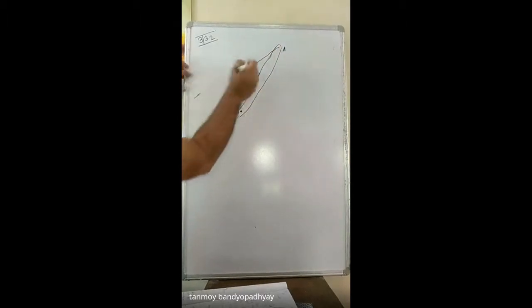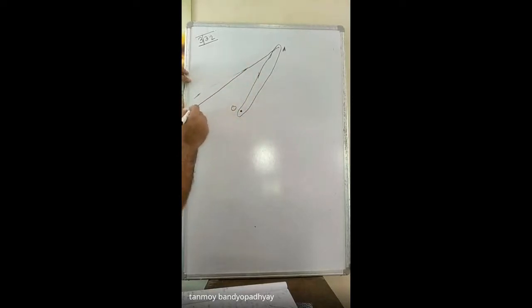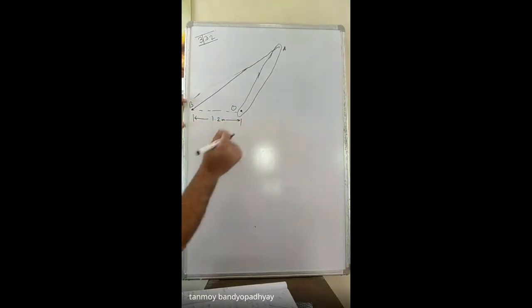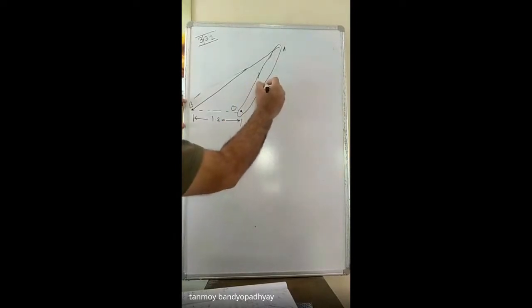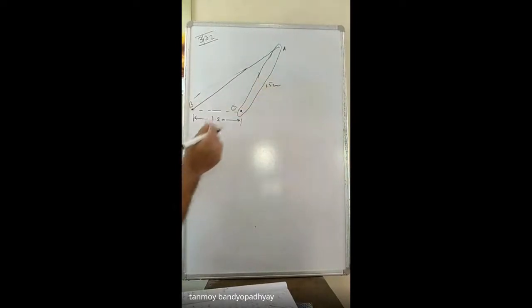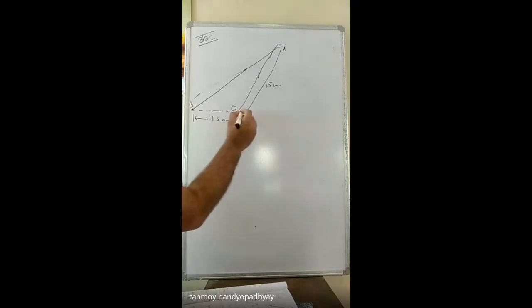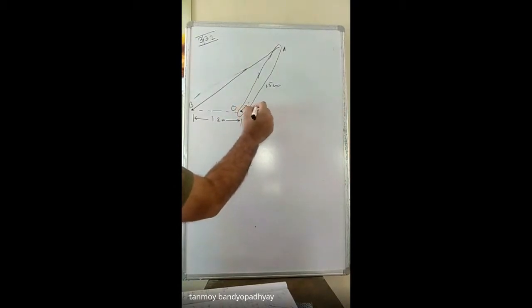This string is extended up to this point, which I think is the point B. This distance is 1.2 meters and this distance is 1.5 meters. This angle is maintained at 60 degrees.